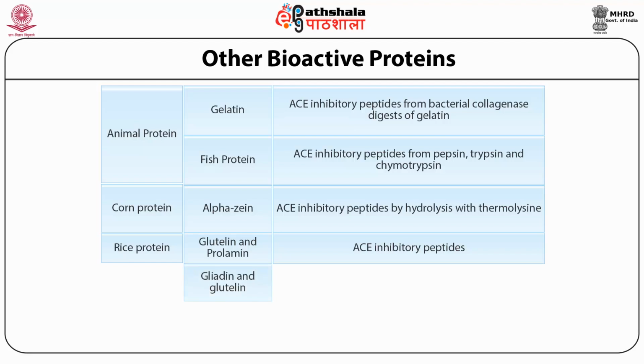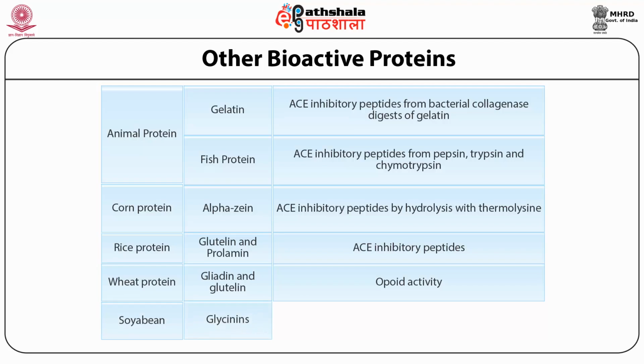Gliadin and glutenin are major wheat proteins that possess opioid activity. Soybean contains the major protein glycinin that has anti-carcinogenic properties and also reduces high plasma cholesterol level.